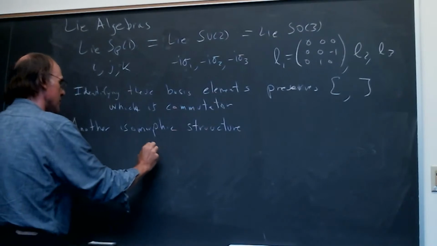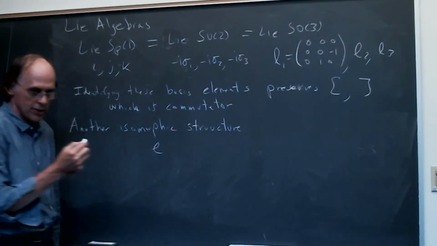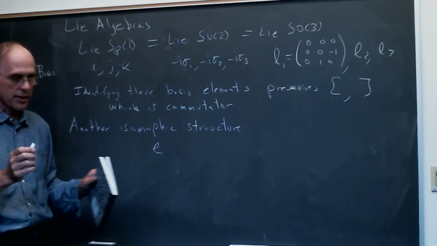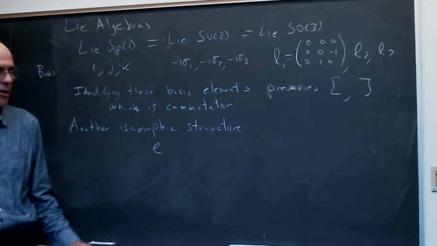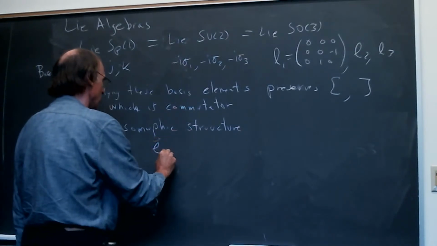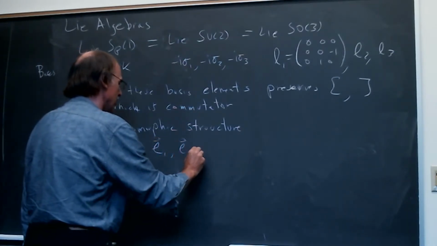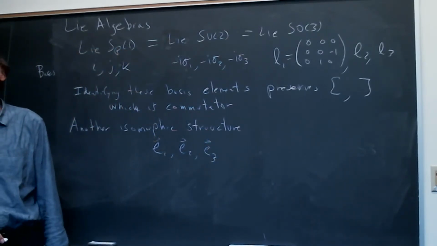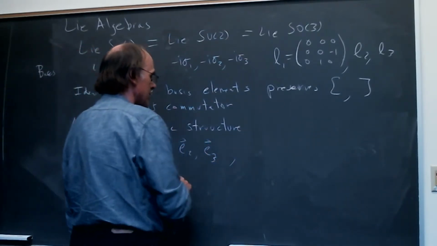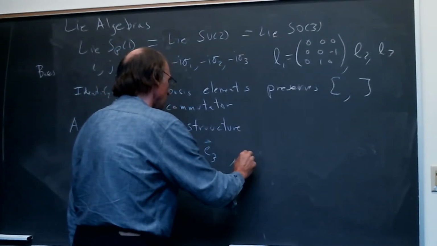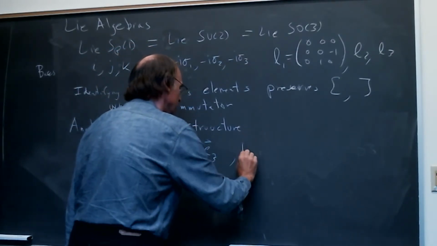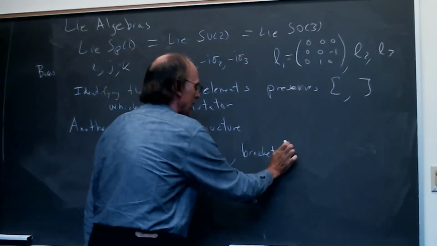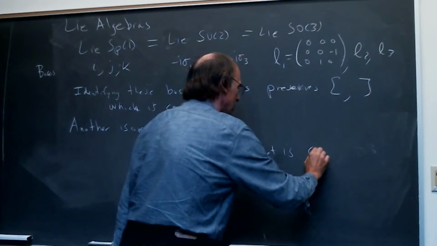If you take as basis elements the standard basis vectors on R3, e vector 1, 2, 3, and then take as the bracket, I won't try to write this down, the bracket is the cross product.